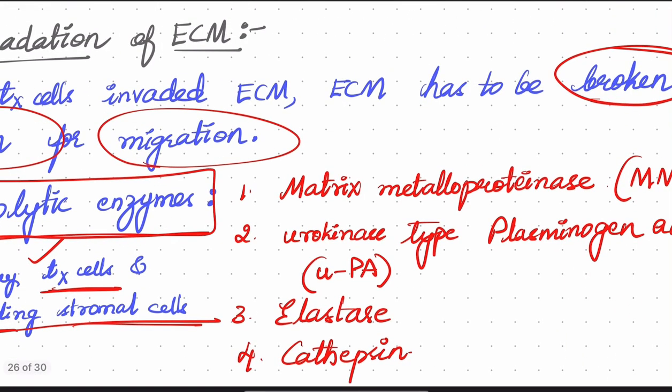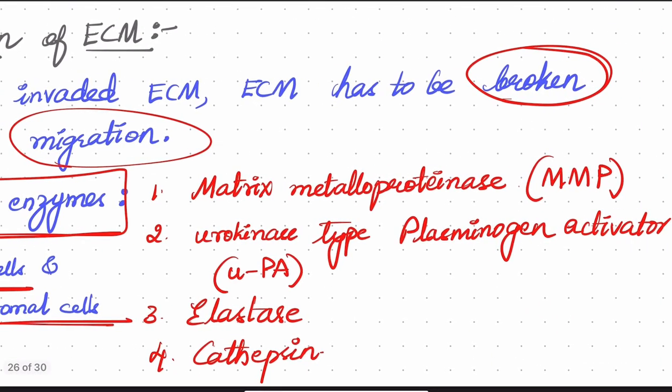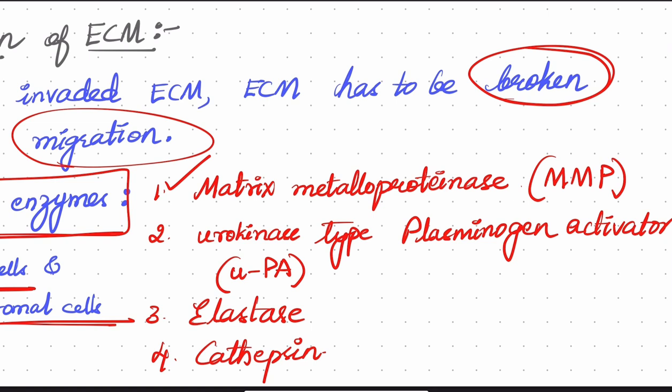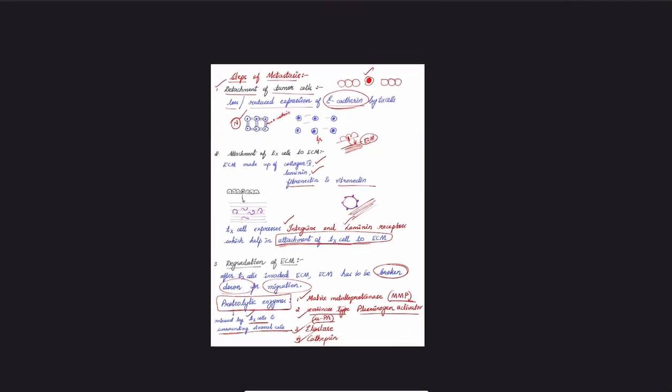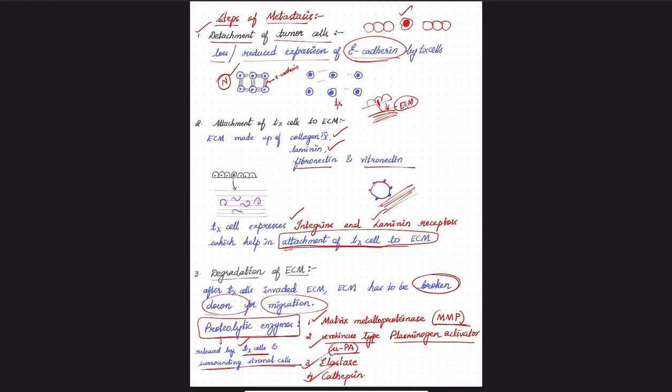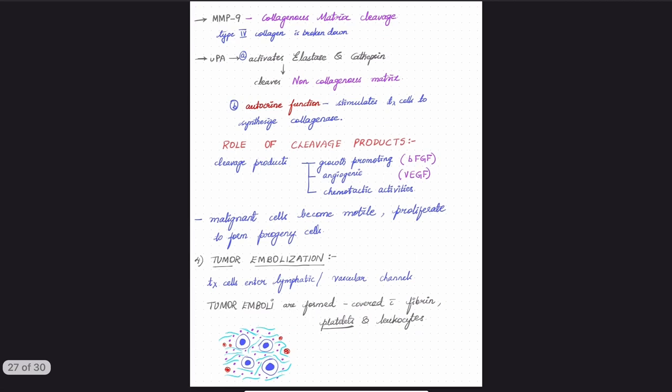Four important enzymes are matrix metalloproteinase, famously called MMPs, urokinase type plasminogen activator, UPA, elastase and cathepsin. These four enzymes are released by the tumor cells and also by the surrounding stromal cells of the ECM.